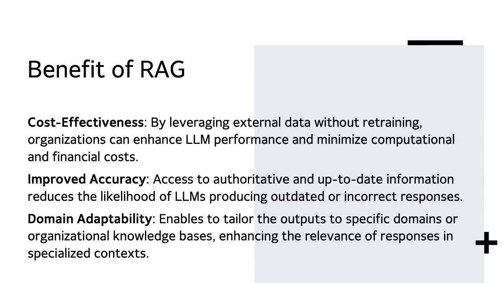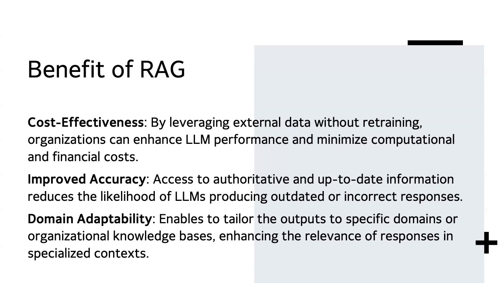So we have some benefits for RAG. The first one is cost effectiveness. By leveraging external data without retraining, organizations can enhance LLM performance and minimize computational and financial costs. Also, it improves accuracy through access to authoritative and up-to-date information.